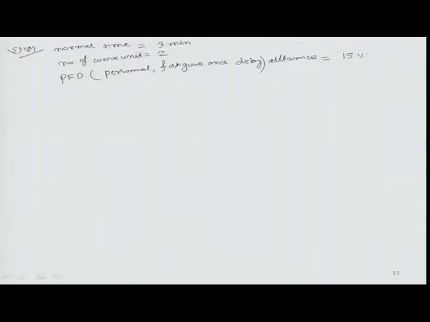Okay. Now we have to calculate the standard time per piece. So you have studied the formula for standard time.